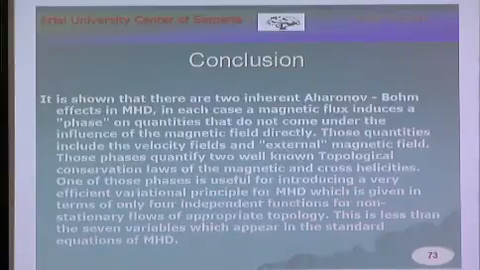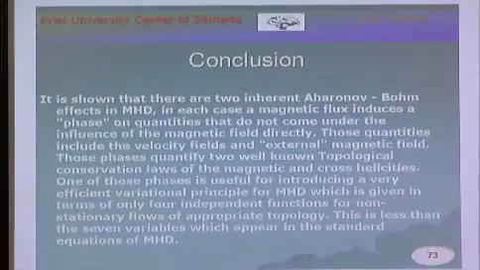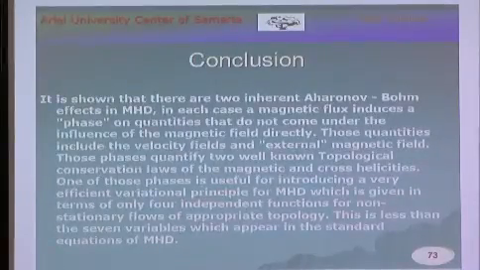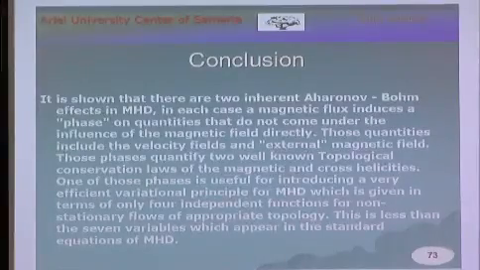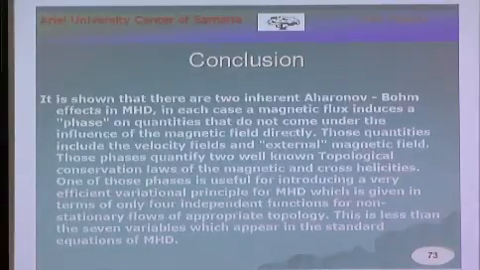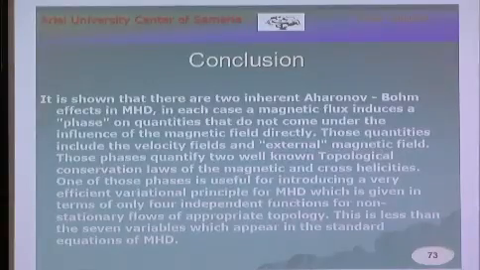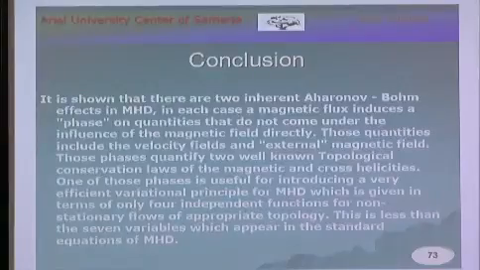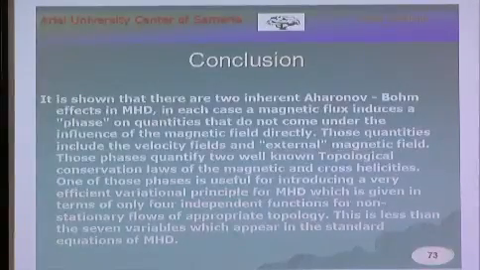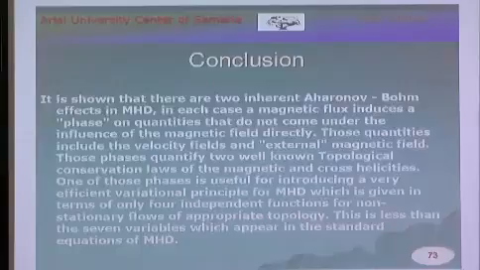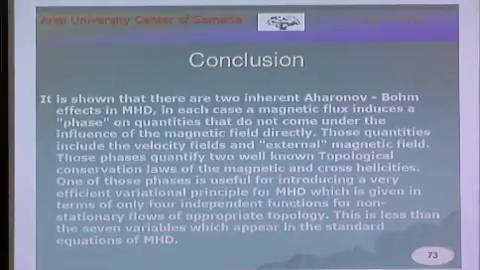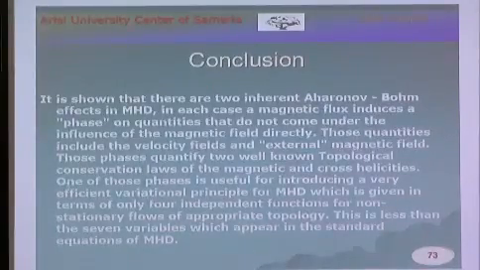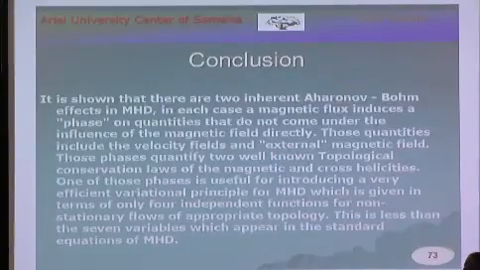In each case, a magnetic flux induces a phase, with a parenthesis, on quantities that do not come under the influence of the magnetic field directly. Those quantities include the velocity field and the (external) magnetic field. And again, external is in parentheses. The two phases quantify two well-known topological conservation laws of the magnetic and cross helicity.